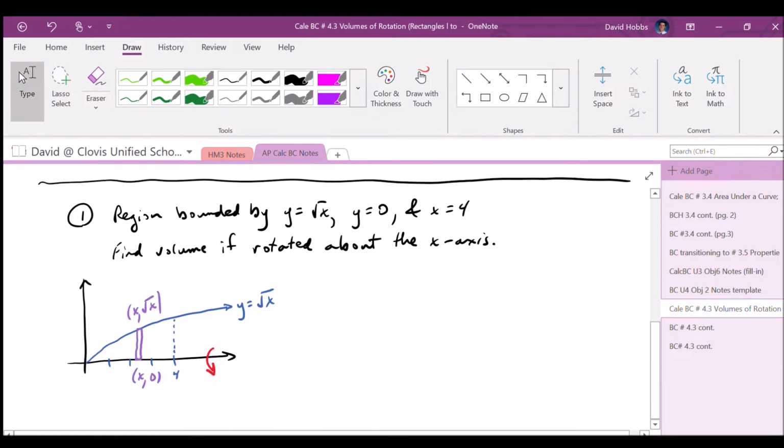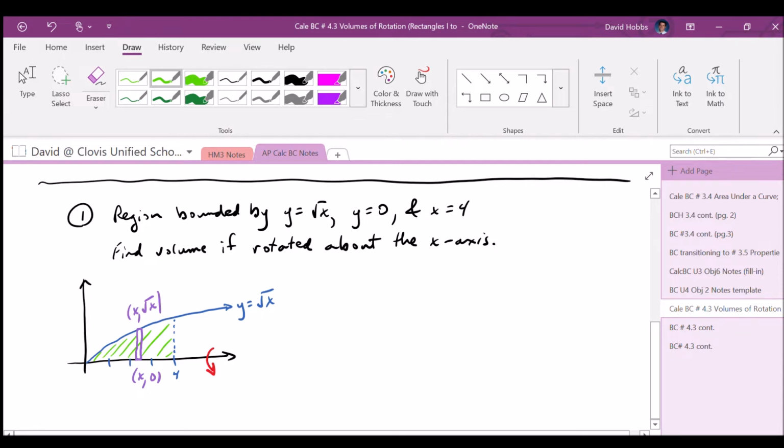Now let's do an actual example. The region bounded by y equals square root of x, y equals 0, which is the x-axis, and x equals 4. If we wanted to, we could highlight that region. I've drawn in a sample rectangle, and I like to label the endpoints here.